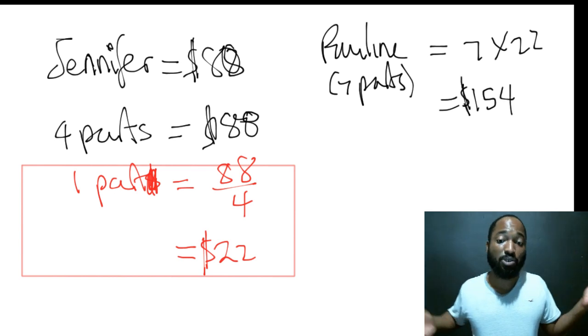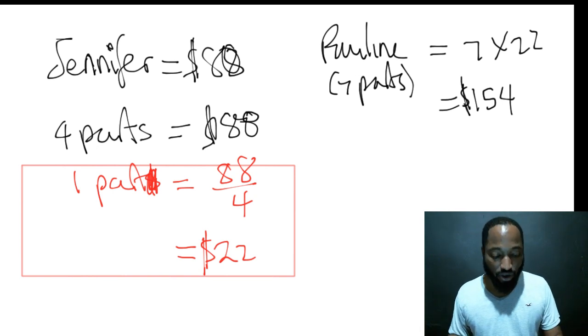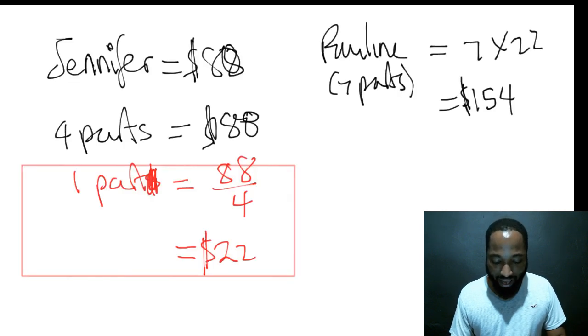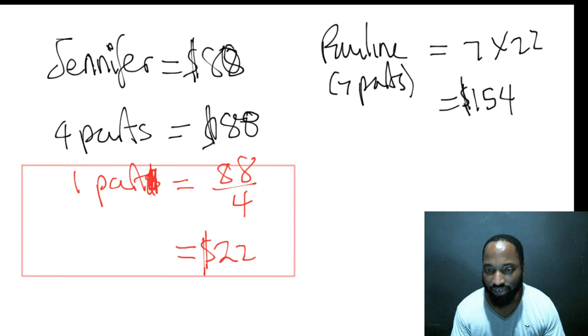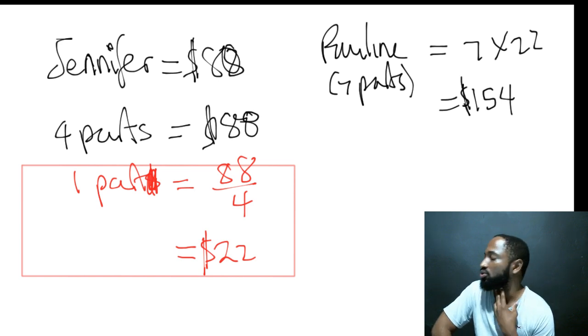And they could ask you how much they get in all. Well, you just add Jennifer and Pauline's money together. Or you could add 4 plus 7, which is 11, and multiply 11 by the 22, and you will have your answer. Say in the chat if you understand everything there. So those are the 2 main ways that a ratio question can come.